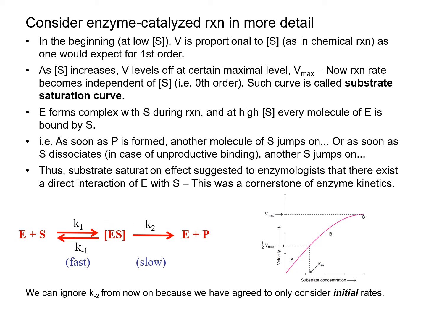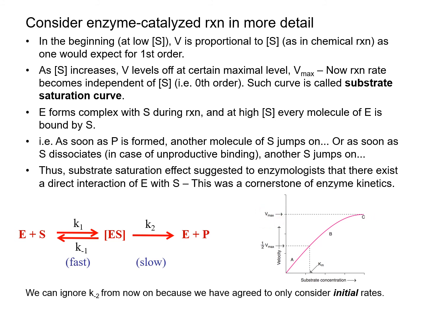Thus, the substrate saturation effect suggested to enzymologists that there exists a direct interaction of E with S, because there is an equilibrium formed between E and S to form the ES complex, and that contributes to this plateau and gets to the Vmax.